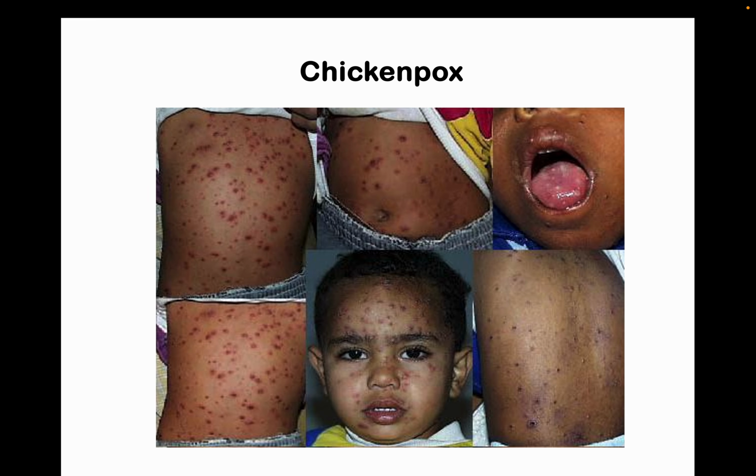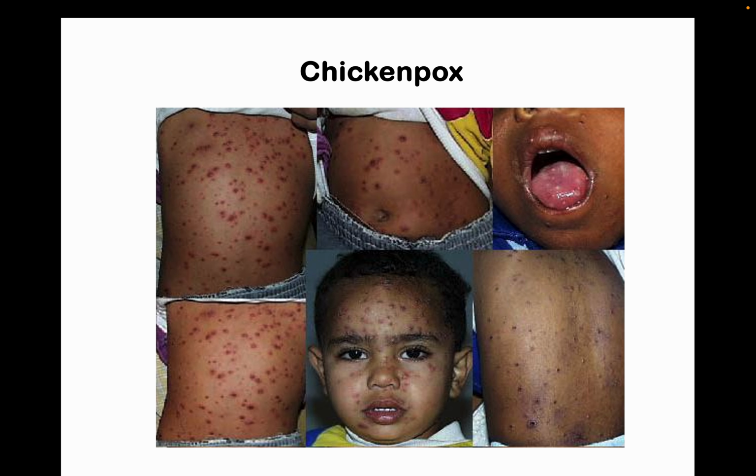Okay. Then we have chicken pox. Chicken pox is another important viral infection. Chicken pox is an illness caused by the VZV, the varicella zoster virus. It results in an itchy rash with small fluid-filled blisters on the skin.